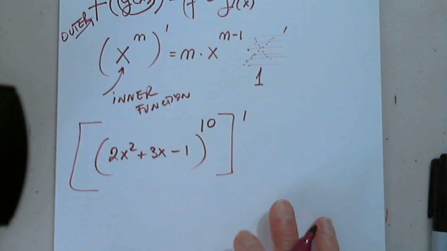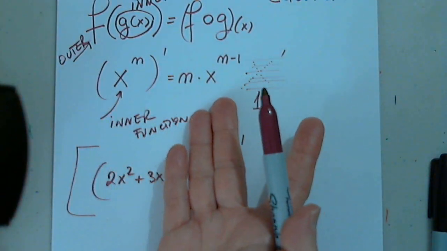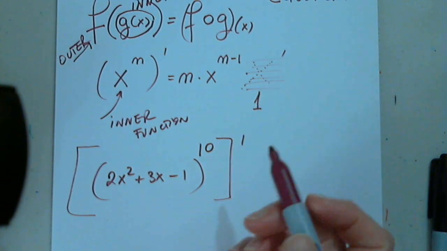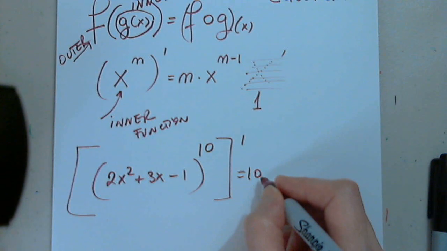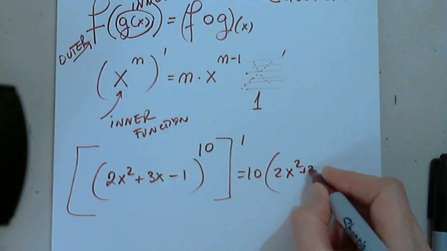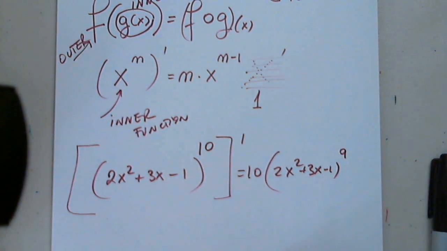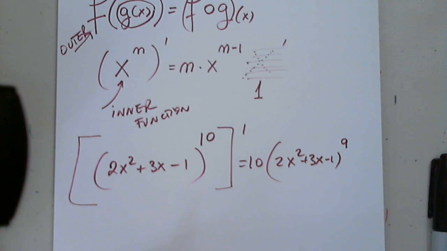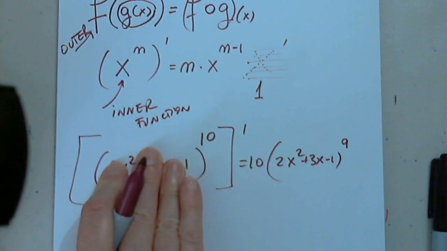No, no, no, no. We have a very important rule that follows this pattern. Like before, we will bring 10 in front. We will subtract 1 from the power. But this time, the derivative of this is not 1.